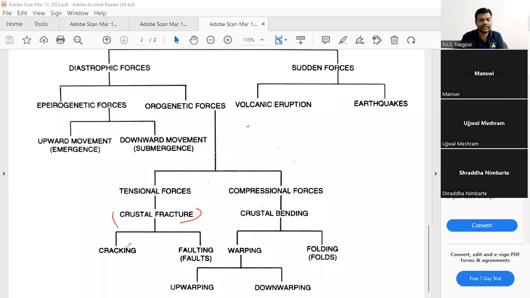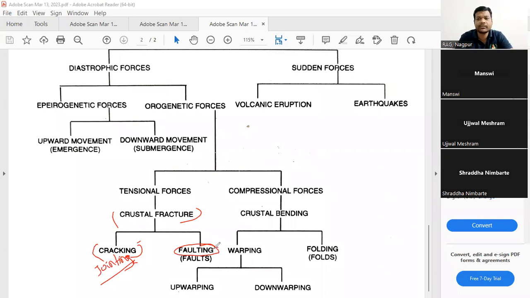In these we have cracking, which gives rise to jointing, or the formation of joints, and faulting, the formation of faults.